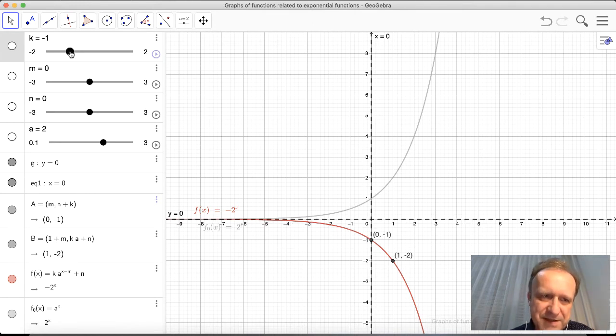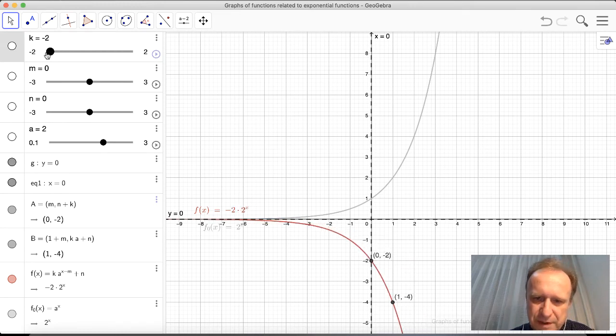But, okay, let us take the value of -2. If I take the value of -2, you see what happened. The graph is not only reflected in the x-axis, but it is also stretched away from the x-axis, so it's scaled by the vertical scale factor of 2. The distance of this point is twice as large as the distance of this point from the x-axis.